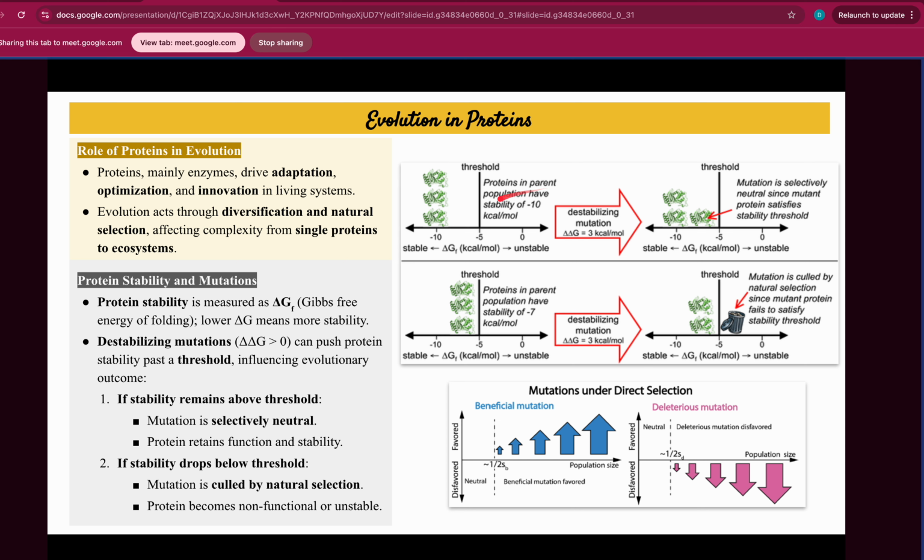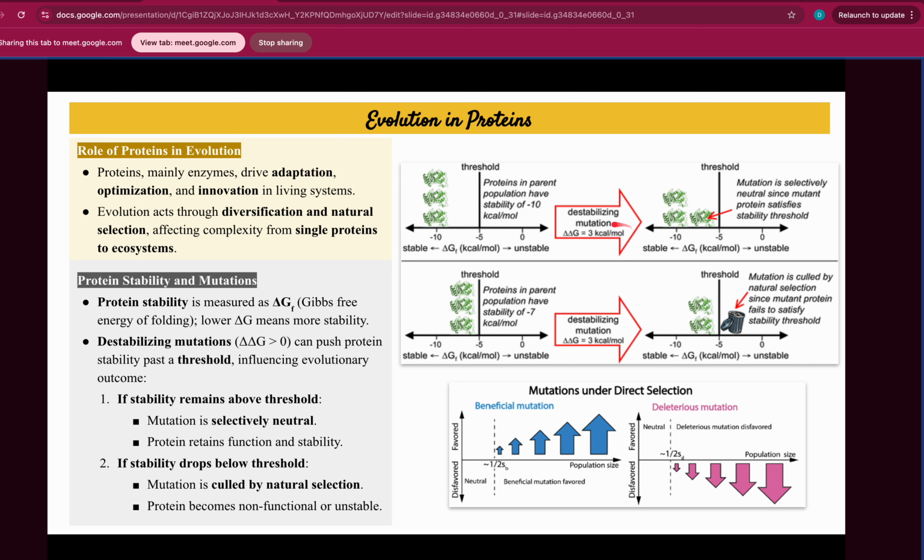Proteins in the parent population have a stability of -10 kilocalories per mole. Now some destabilizing mutations took place, and delta delta G is 3 kilocalories per mole. That means the difference between both the energies is 3 kilocalories per mole, so it has shifted from -10 to -7.